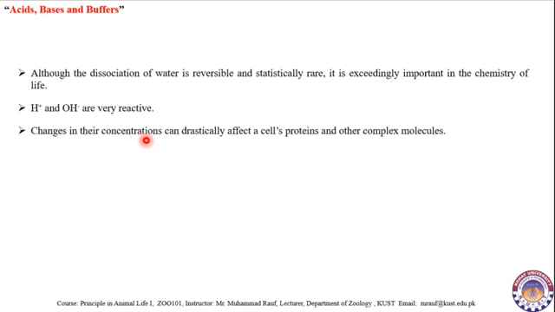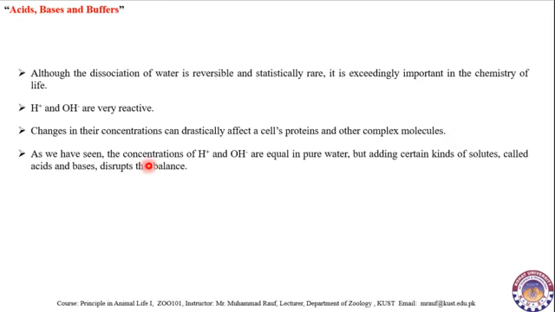Changes in their concentrations can drastically affect a cell's proteins and other complex molecules, because inside the cell the pH must be maintained at an optimum level, and only then will the enzymes and other molecules function at their best. If there is a deterioration in the pH, it will drastically affect enzymatic activity and the functioning of other molecules.